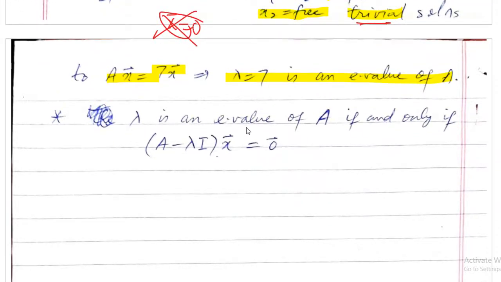So lambda is an eigenvalue of A if and only if (A minus lambda I) x is equal to 0 for some non-zero x. This is the main thing basically.